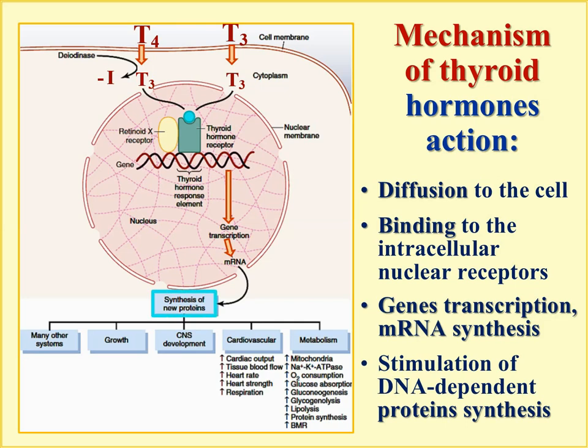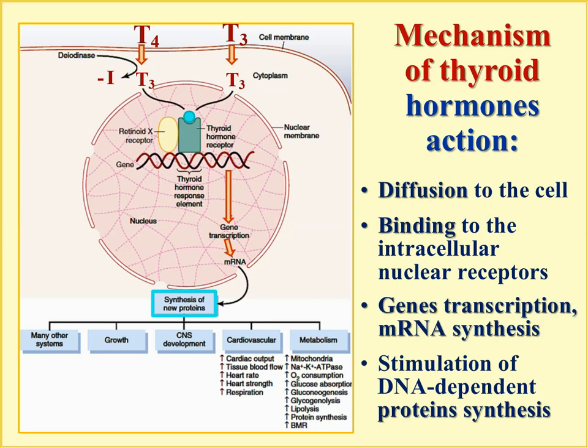Production of numerous new proteins takes a long time, therefore it's a slow-acting type of hormones. And these new proteins can be structural, and they can be enzymes. Therefore, there are a number of structural, morphological effects and a number of metabolic effects. Some of them are listed here, but we're going to consider effects separately.